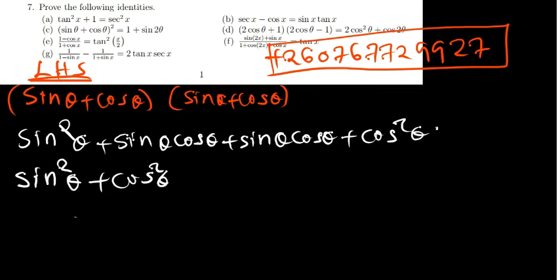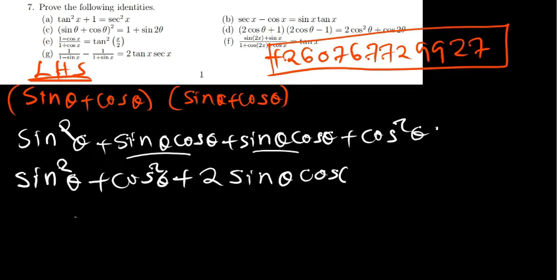Then I also have these two, I can add them. It's going to be 2 sin theta cos theta. Now we know that sin squared theta plus cos squared theta is 1, so I can replace this with 1.